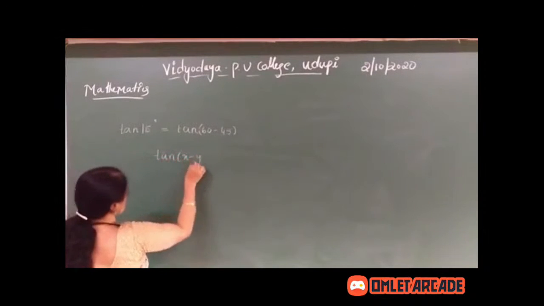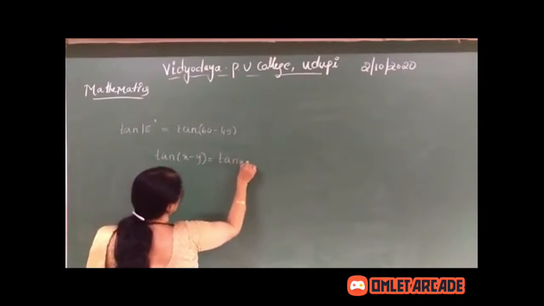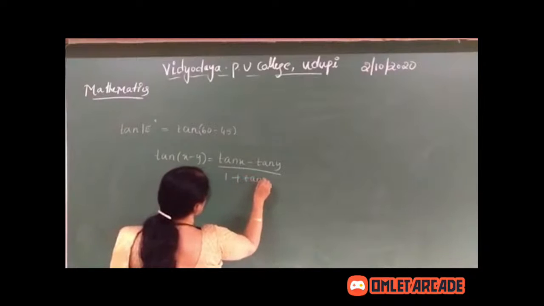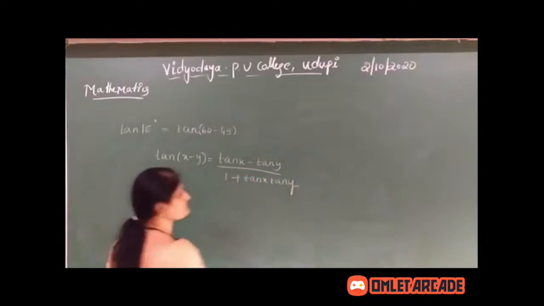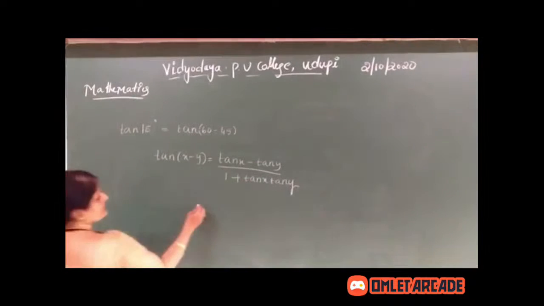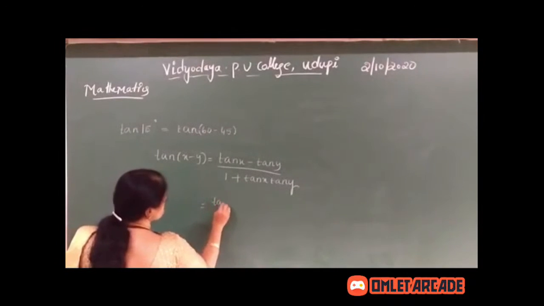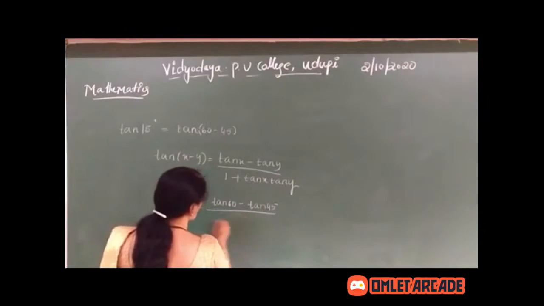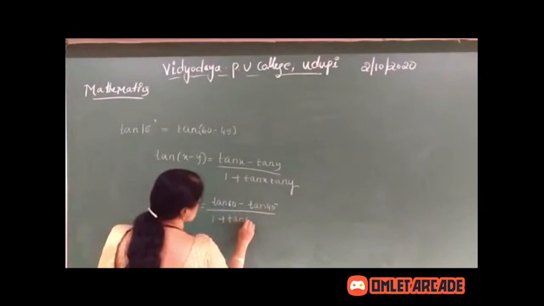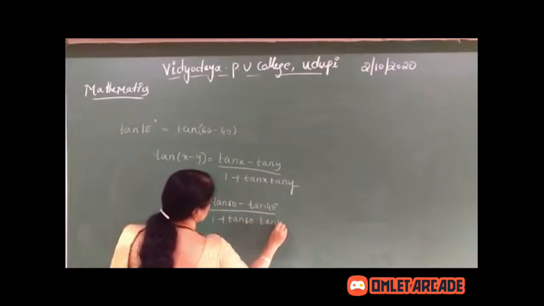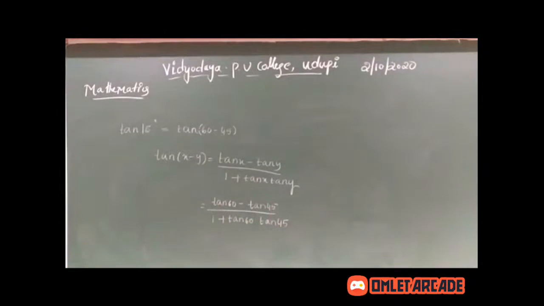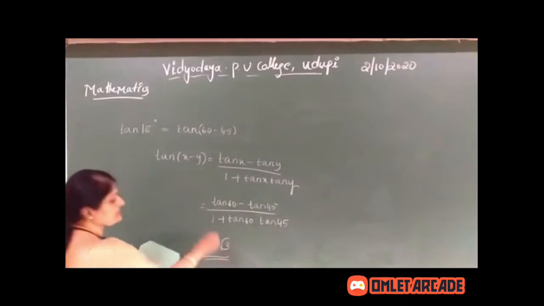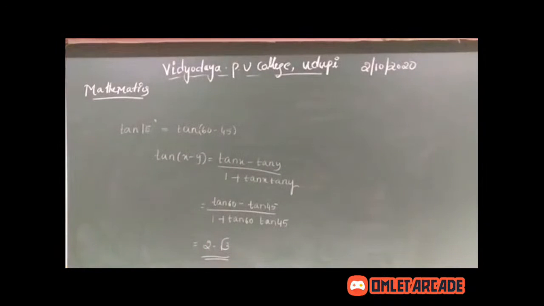Tan(x minus y) is (tan x minus tan y) by (1 plus tan x tan y). We can try this: (tan 60 minus tan 45) by (1 plus tan 60 into tan 45). Substitute and get the answer. 2 minus root 3. You can verify this. 2 minus root 3 will be the answer.